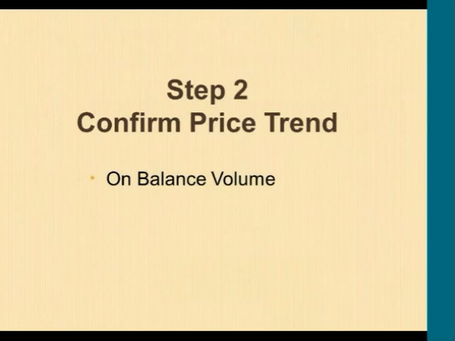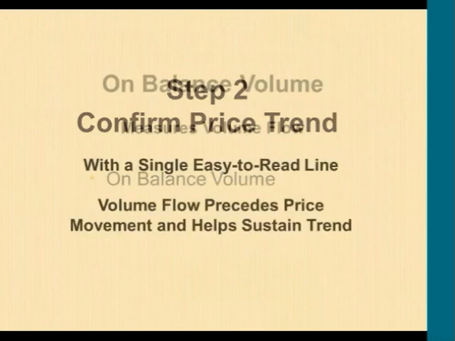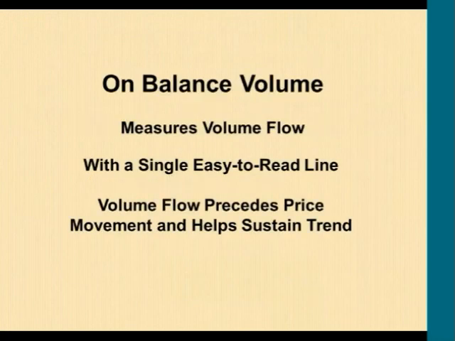And one of the ones I like to use is on balance volume to confirm the price trend. The on balance volume measures volume flow, and it's just a simple, easy to read line. I'll show you an example of it here in a second. And the volume flow precedes the price movement of a stock, so you want to be watching that volume flow. And the volume flow helps sustain the price trend.